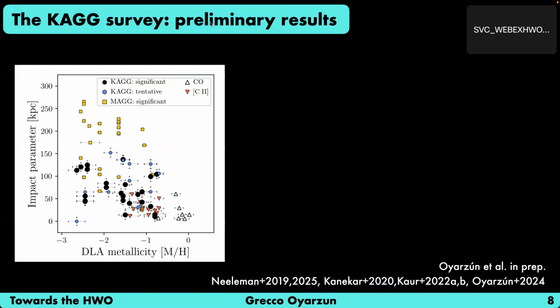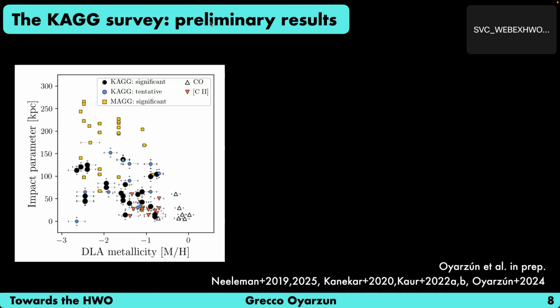And very quickly, I'll share some preliminary results. What you're seeing here on the x-axis is the metallicity of the neutral gas that's measured in absorption. Greater metallicity is to the right, lower metallicity to the left. And the y-axis is the impact parameter, as I was saying, the projected physical separation between the galaxy detected in emission and the neutral gas detected in absorption.